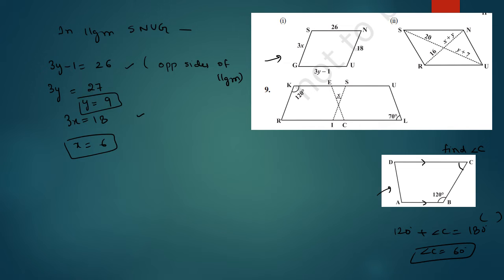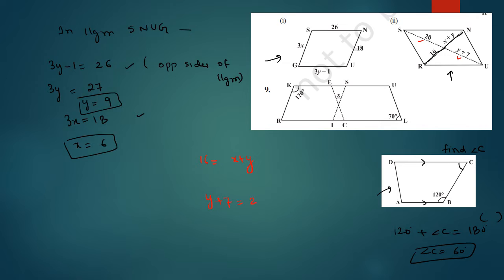Okay, here which property can you write? Because the elements which are given to us are the parts of the diagonals, we know that diagonals of a parallelogram bisect each other. So 16 is equal to x plus y, and y plus 7 is equal to 20.